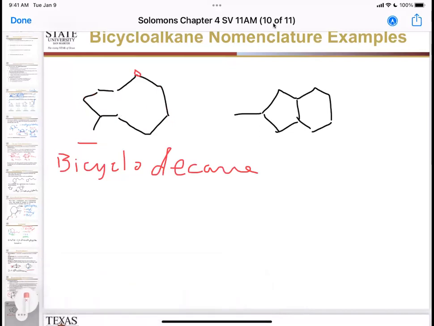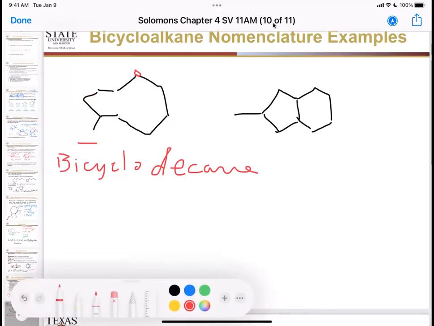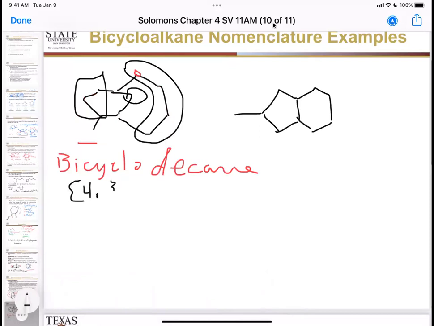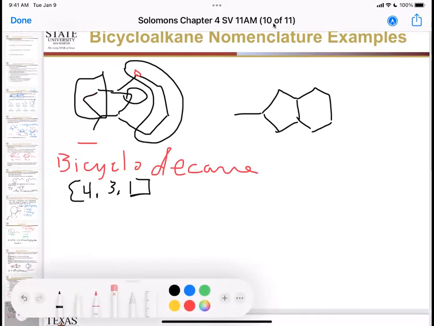We have a 1 here, we have a 1 here, we have a 3 over here, and we have a 4 over here. So we're going to have 4, 3, 1 as our numbers. 4 dot 3 dot 1 bracket. So those are our numbers.